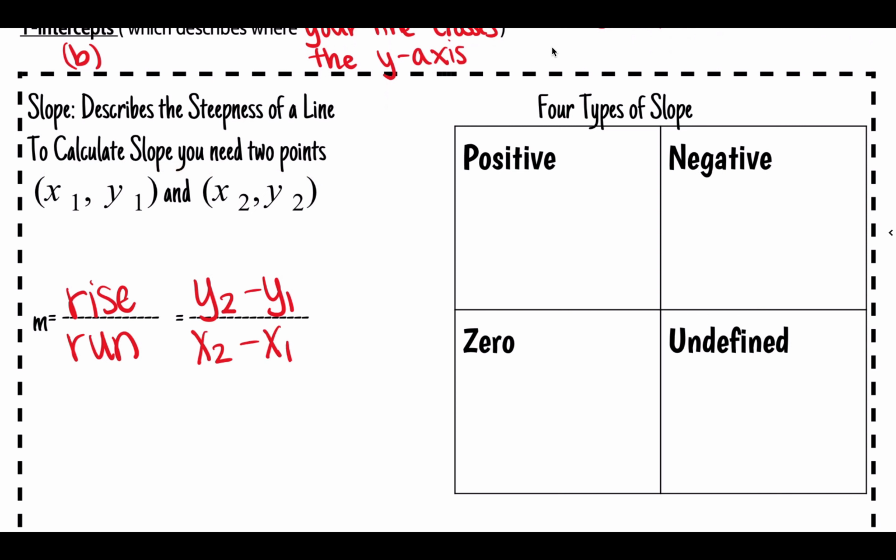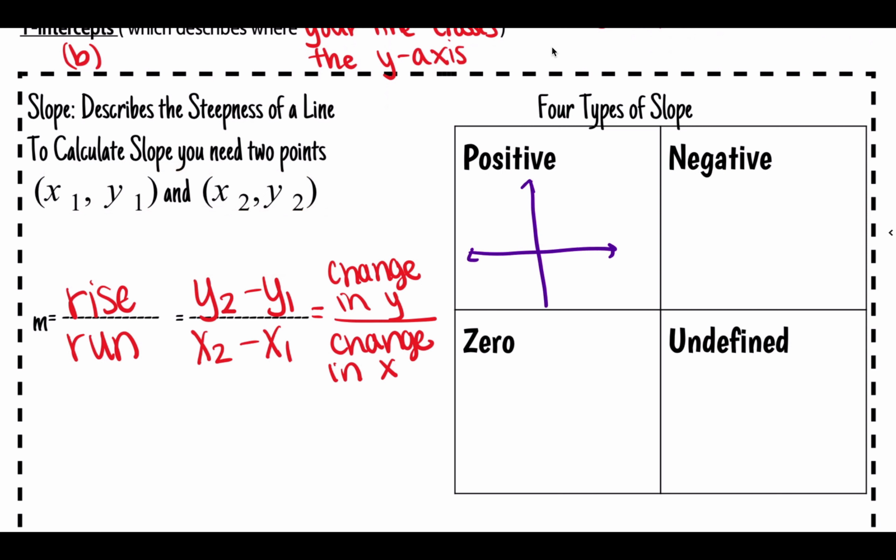And that's just using your 2 points and plugging it in. So that part you should be familiar with. It's also your change in y over your change in x.